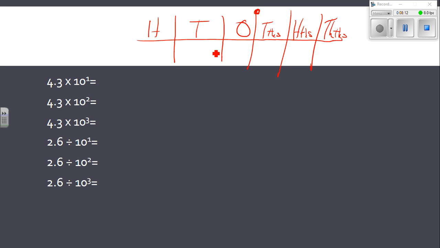All right, so I have 4.3, and I want to find out what 4.3 times 10 to the first power is. So I know that 10 to the first power is just saying 4.3 times 10. So I'm going to move this decimal spot over one spot. So from 4.3 to 43.